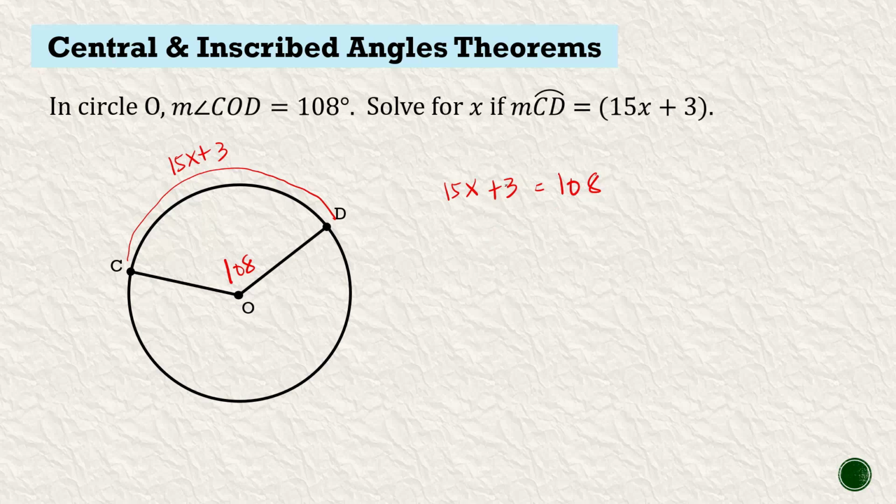Let's add negative 3 on both sides. So 15x equals 105. Divide by 15 on both sides. 105 divided by 15 is going to give us 7. So x equals 7.